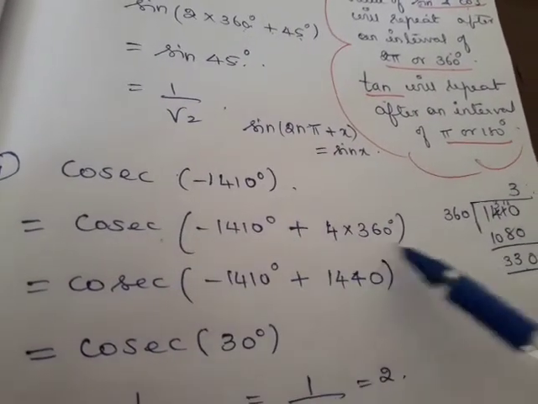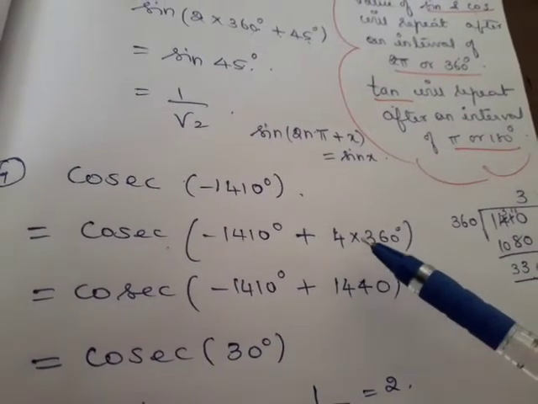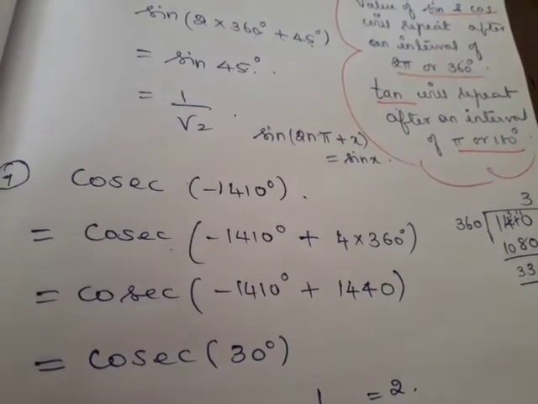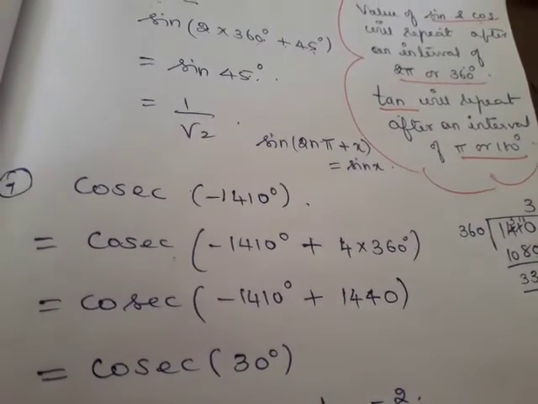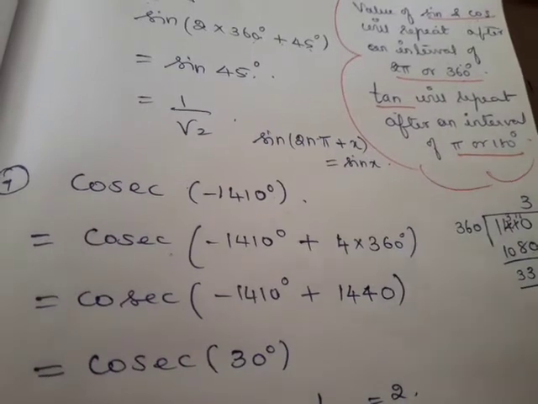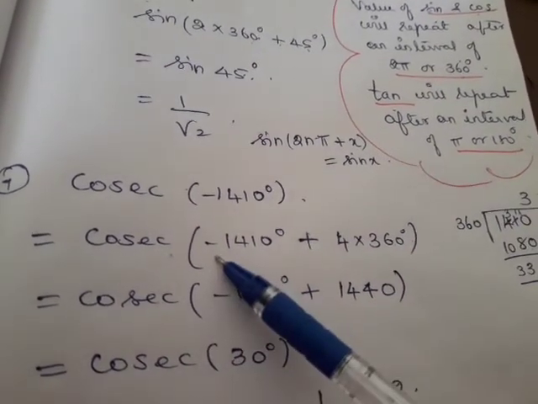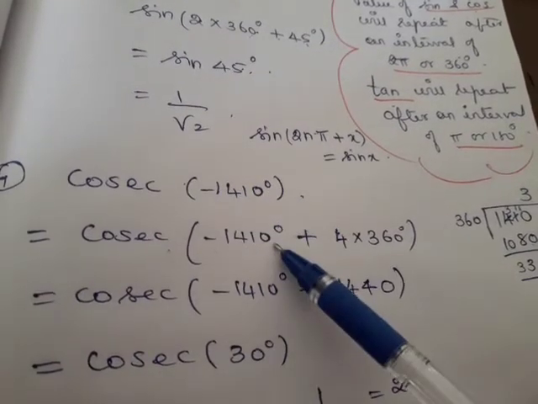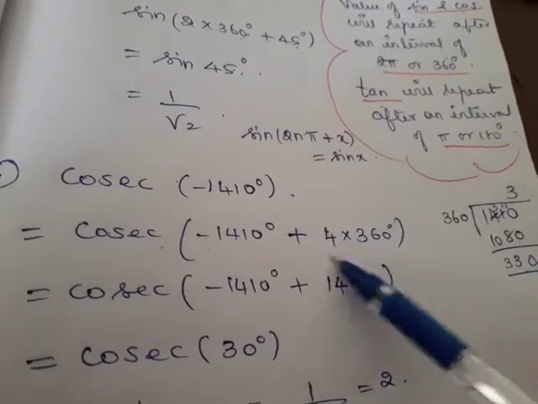Anyhow the value is not going to change because the result says that in every interval of 2 pi the value is not going to change. So 4 times 360, or even if you write 5 times 360, the value is not going to change, right? So what are we going to do here? Cosec of minus 1410 plus 4 times 360. Why have we written 4 times 360?